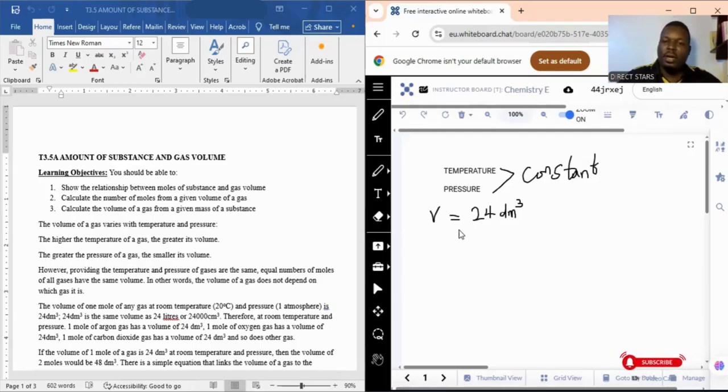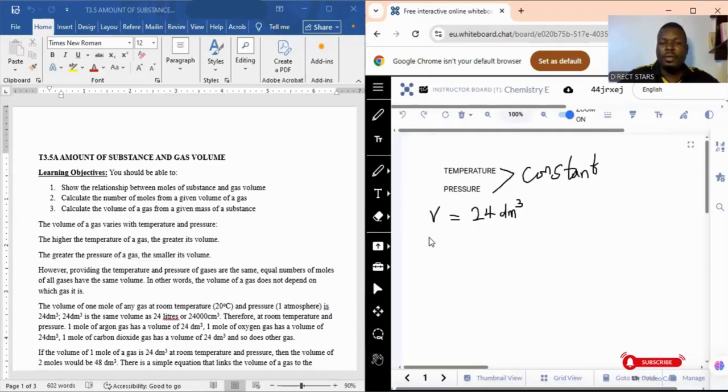What is the conversion of dm³? Because in most cases, our small volumes are measured in cubic centimeters. So how do we convert cm³ to dm³, and what is the equivalent of dm³ in real life application?